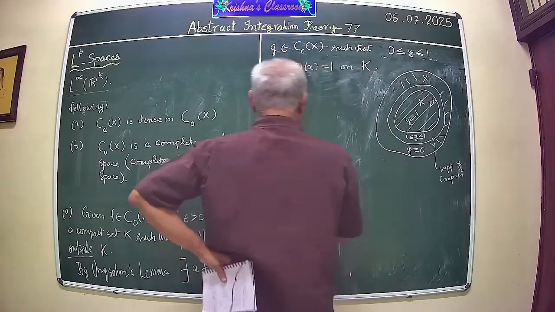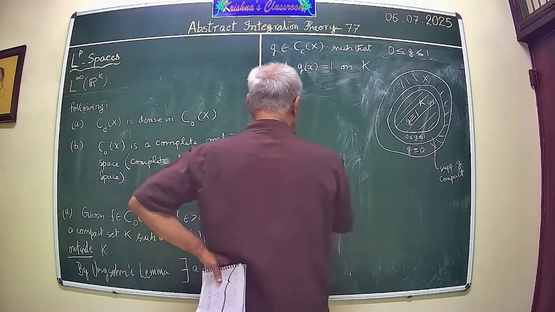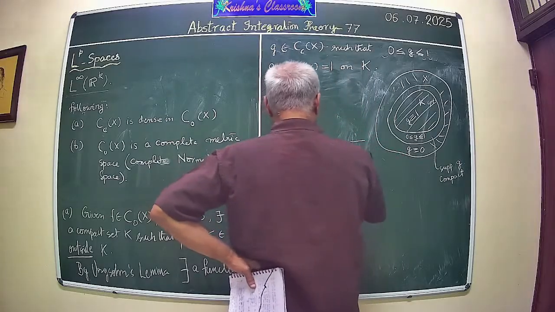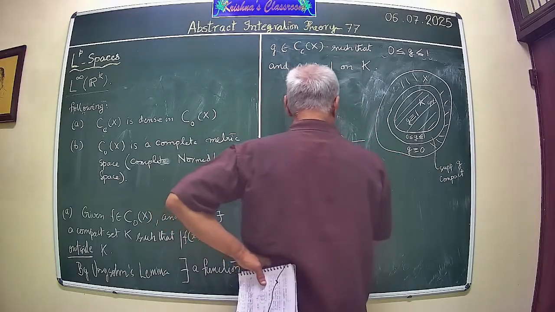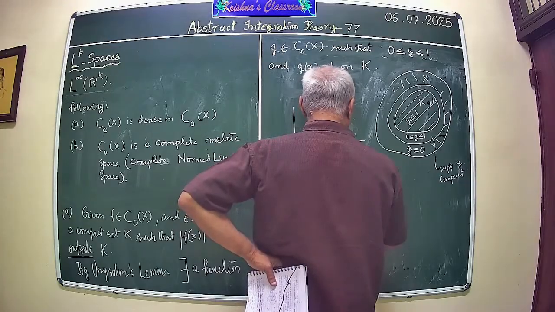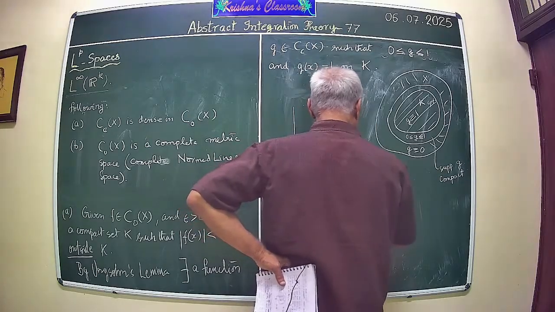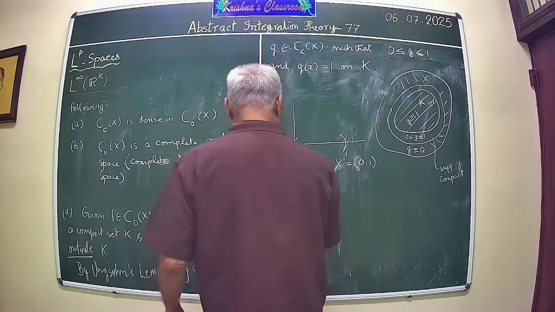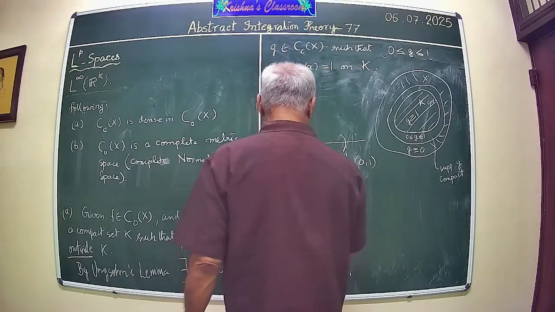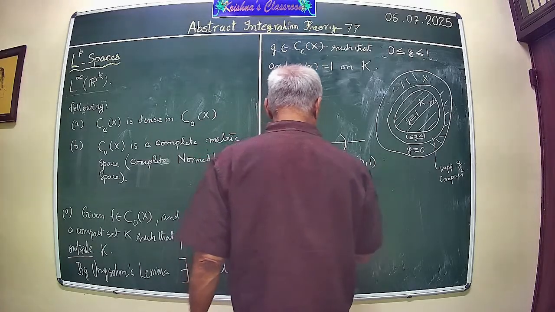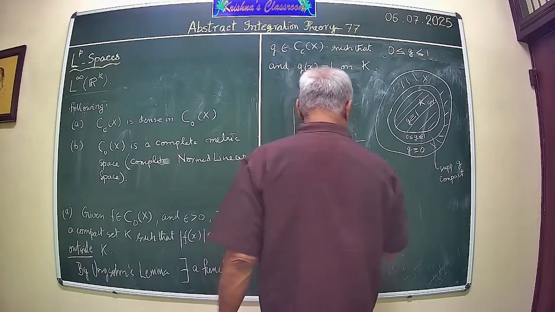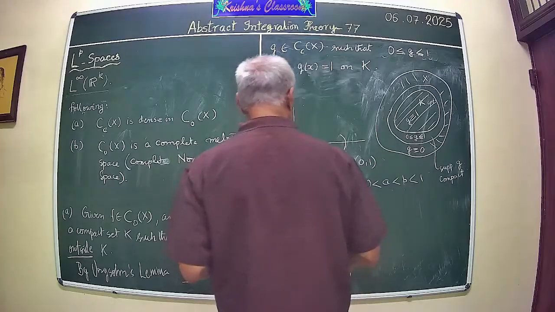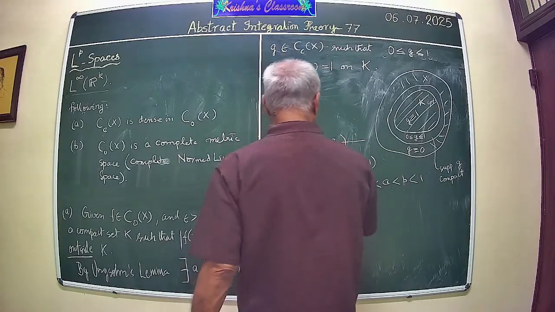Now it's very easy to understand what is happening. You take the following case. Take X to be the open interval 0 to 1. Now suppose K is AB. So it is something like this.